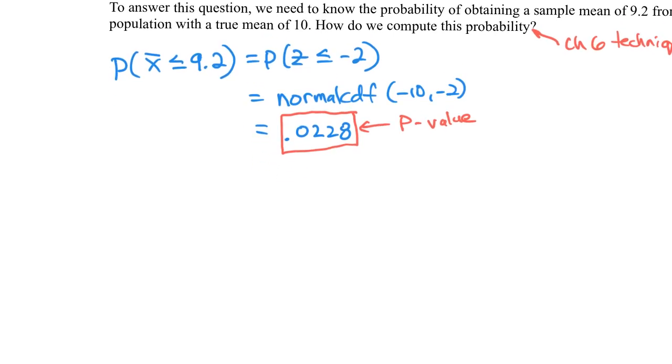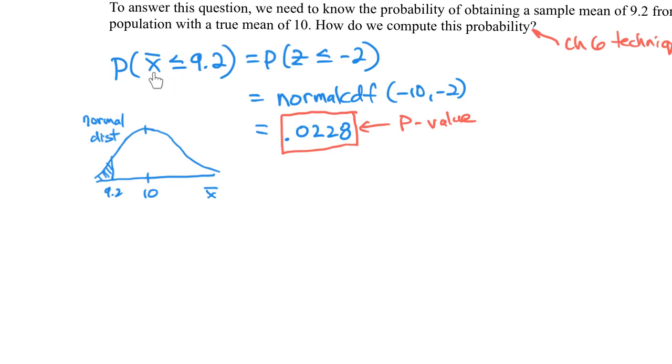So we have a normal distribution. Right, so we have this normal distribution with a mean of 10. And we've got 9.2 right here. This is a normal distribution. And this would be x bar. And that is this right here, right?